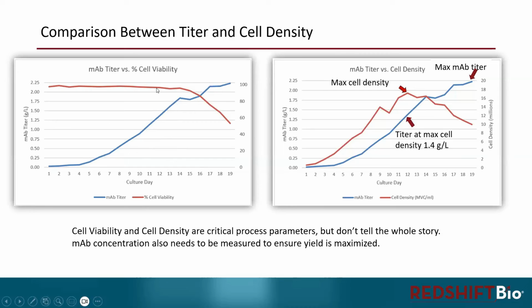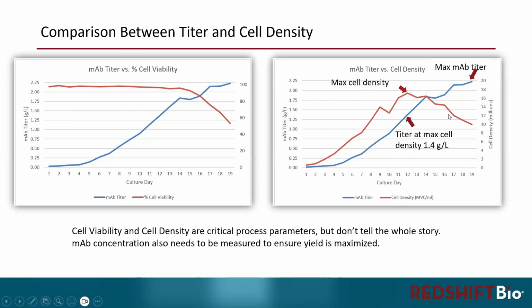If you'd based all of your analytics, all of your culture time merely on viability, you would have lost a lot of additional antibody, which would have been produced later in that growth curve after the viability had started to decrease. Just to look at the data slightly differently, looking at max cell density, when the cell density peaks somewhere around day 12, we are at about 1.4 grams per liter.